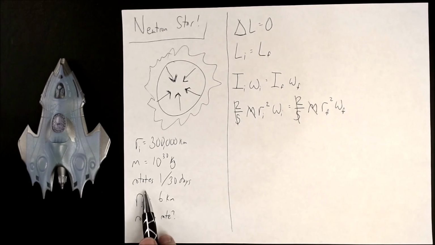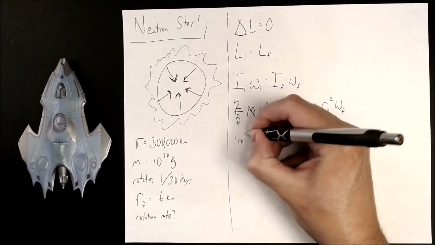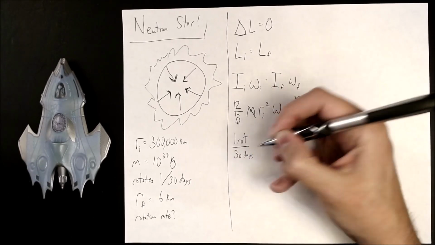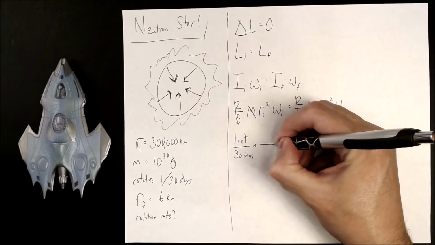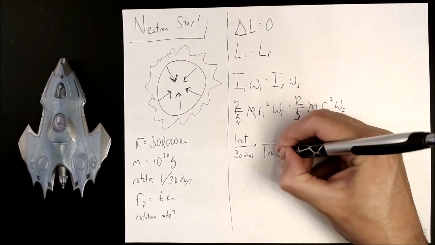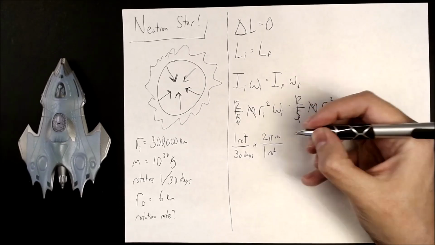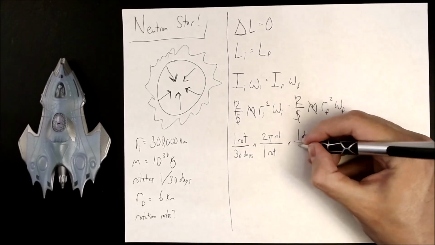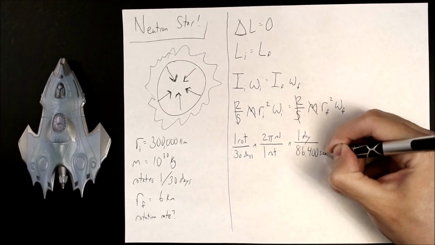Well, I guess we need to figure out what the initial angular velocity is. We know that it rotates once, so one rotation every 30 days. We should probably get this into radians per second. So one rotation is 2 pi radians. 1 day is 86,400 seconds.